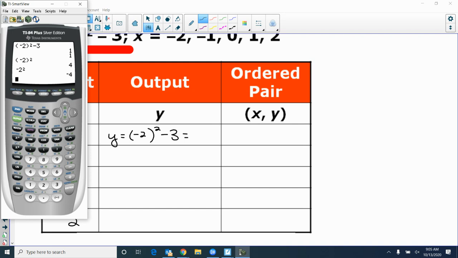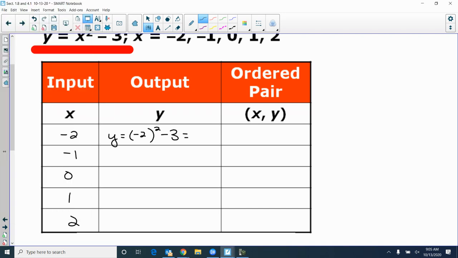Do you have to use parentheses? Yes, because you're squaring a negative number, you're taking -2 times -2. If you don't, it'll give you the wrong value. So that's going to be +1. So you need to have under there -2, 1 as that xy. So put a 1 under the y column. Make sure you have the point -2, 1.